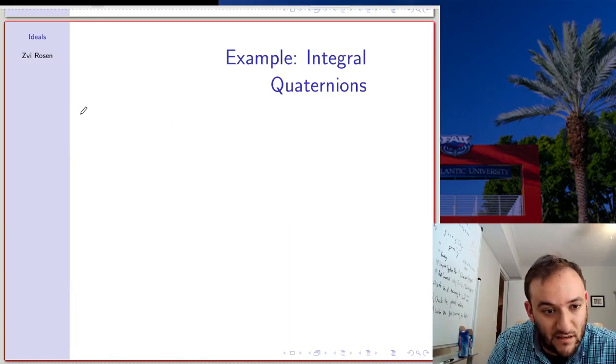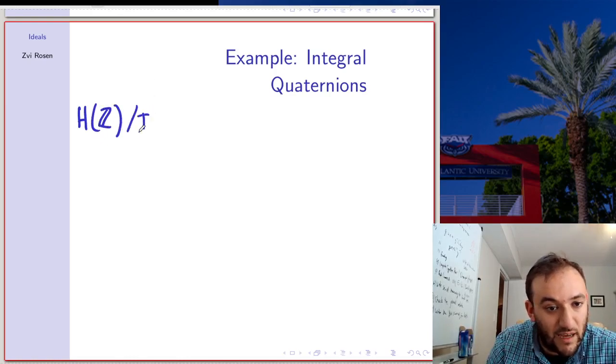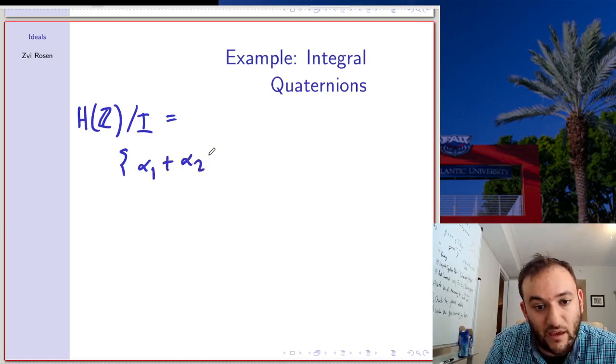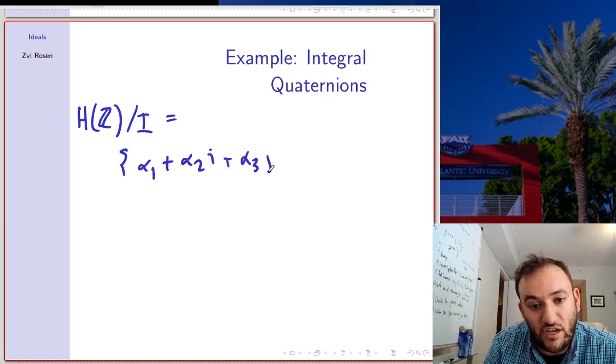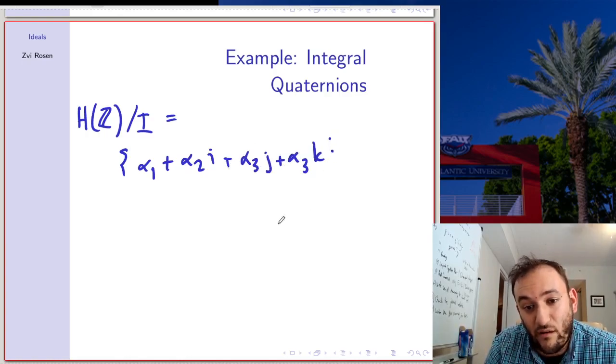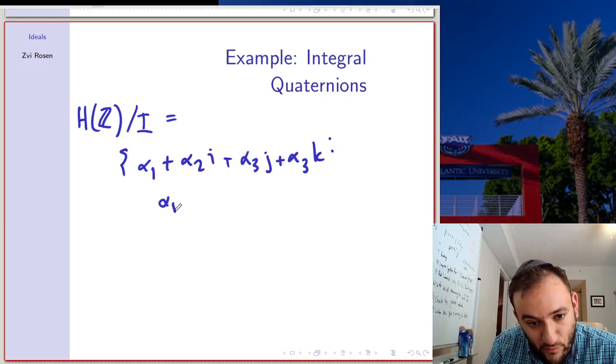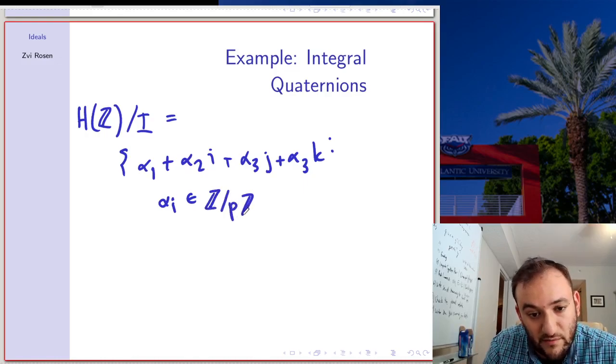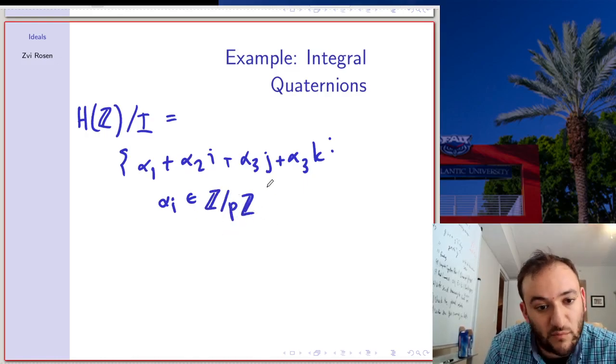And if we take H of Z mod I, what we'll get is the set of alpha 1 plus alpha 2 i plus alpha 3 j plus alpha 4 k, where all of these are elements of the ring Z mod pZ, or really of the field Z mod pZ.